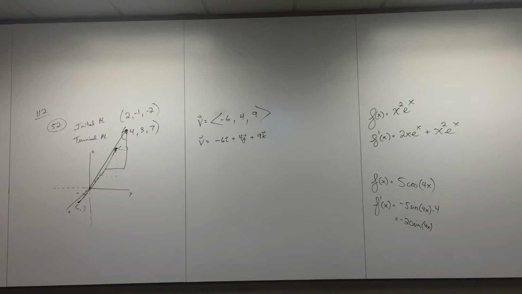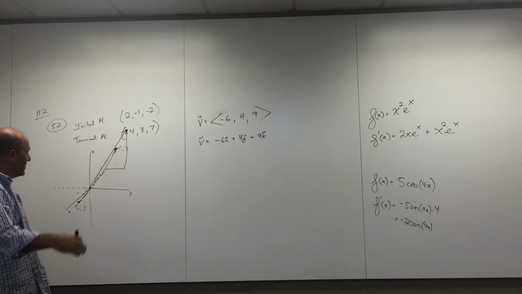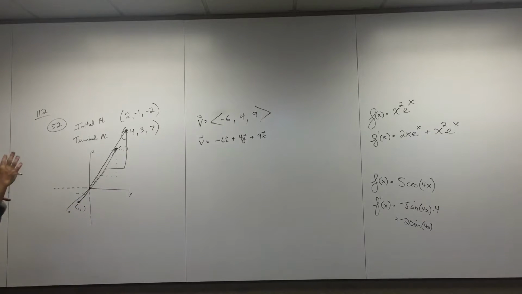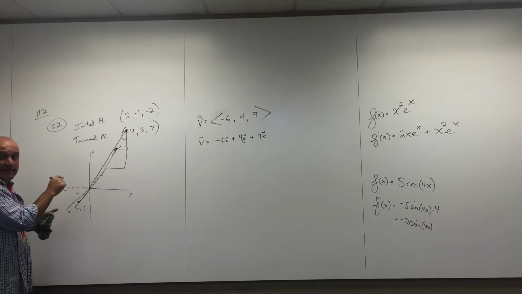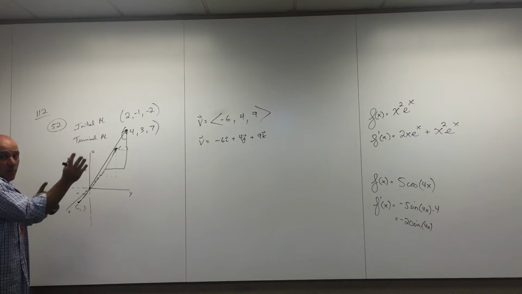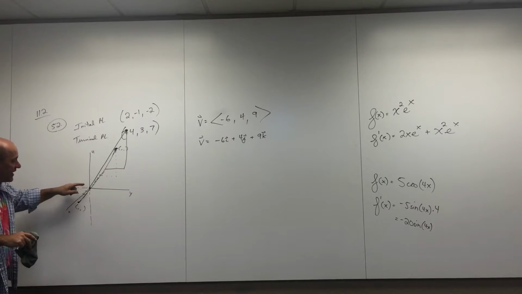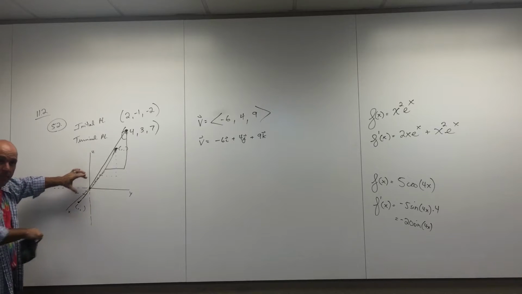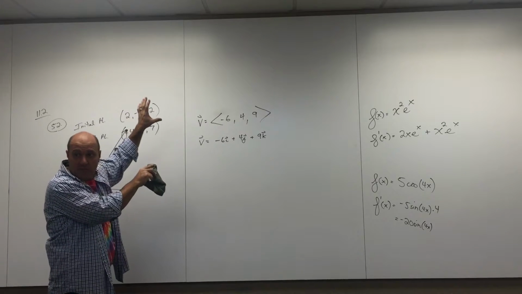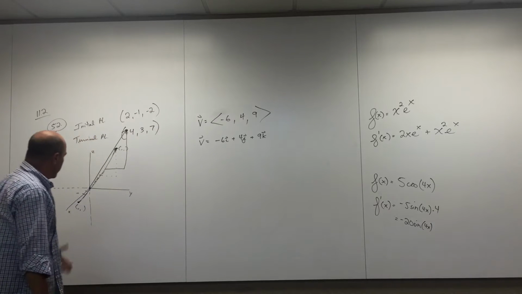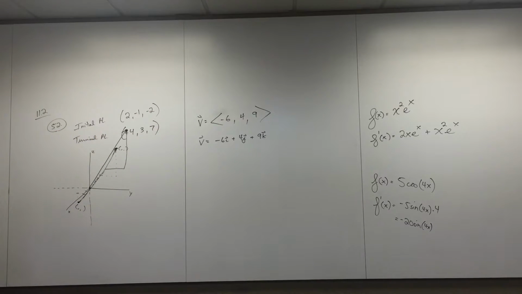Oh, that's a mess. Probably looks real good on the video. Anyway, they should be parallel. It's all pointing in the same direction. Starting here or starting at the origin, both of these are going back 6, over 4, and up 9. Wherever you started at.